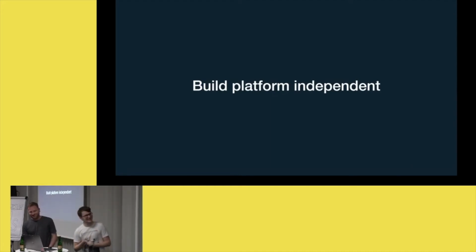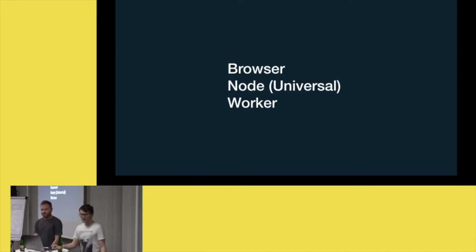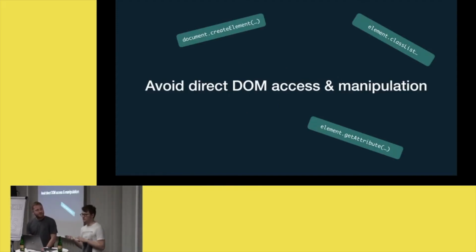You also don't know where or on which platform your applications might be running. So with Angular Universal, your application might be built for the first render in a Node.js environment. You also don't know if it's run in the browser or a worker. So that's why you should avoid at all costs to access the DOM directly, or at least have checks before you do this.